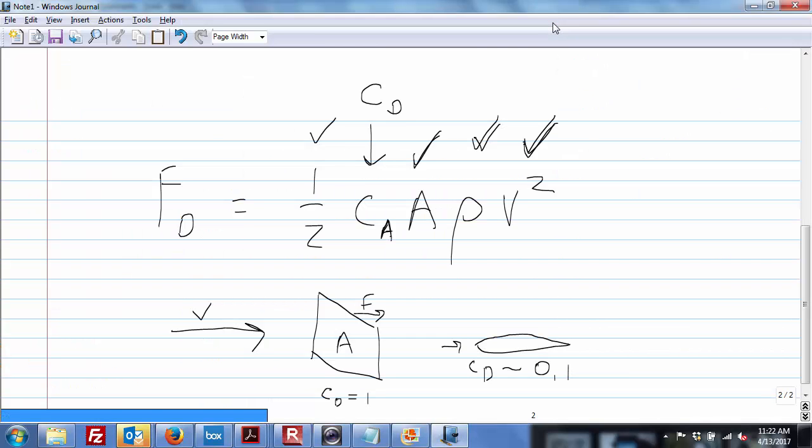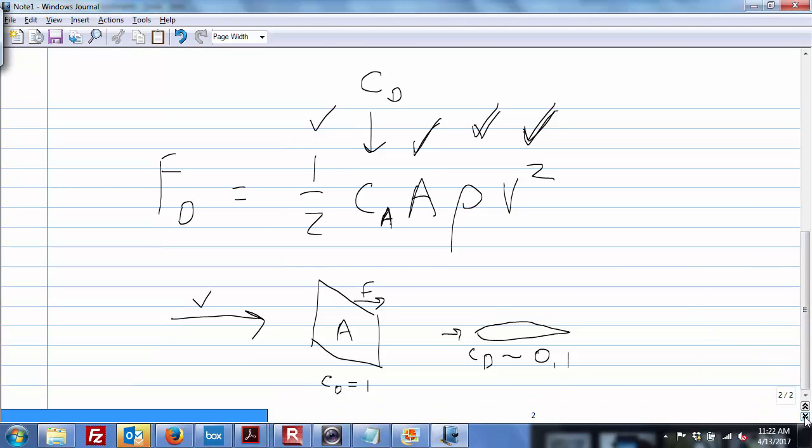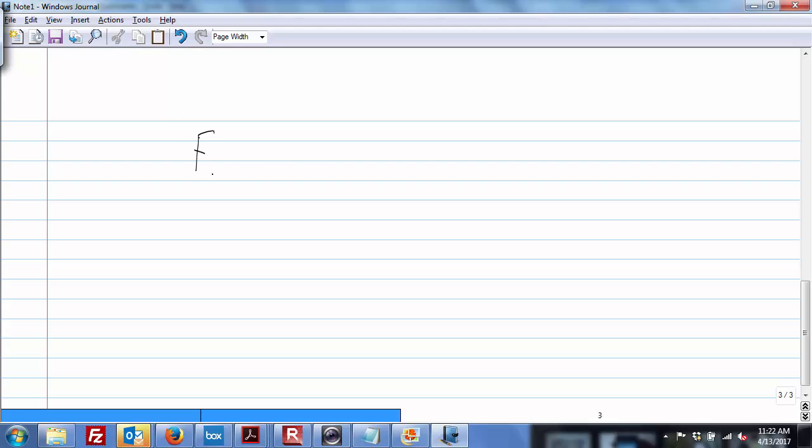So let's just hop on this again. Again, very important: force of drag equals 1/2 C sub D A rho V squared. So let's do a little dimensional analysis. If we go back to Newton's second law, we know that F equals ma. So F equals m, there's our m, and acceleration is length over time squared.